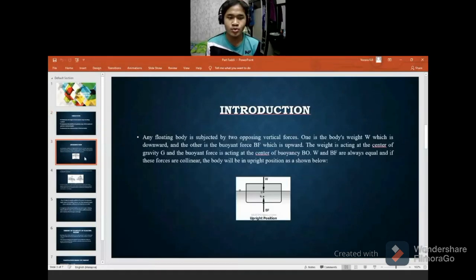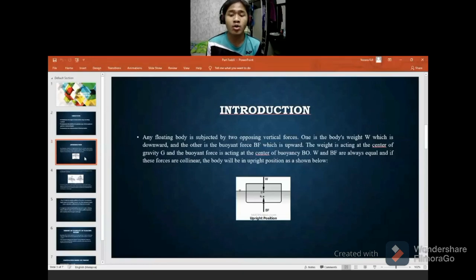Before we go through, we must know about the stability of floating body. Any floating body experiences two forces, which are the downward and upward forces. The downward force is the weight of the object, whereas the upward force is the buoyancy force. The weight acts at the center of gravity G, and the buoyant force acts at the center of buoyancy BO.